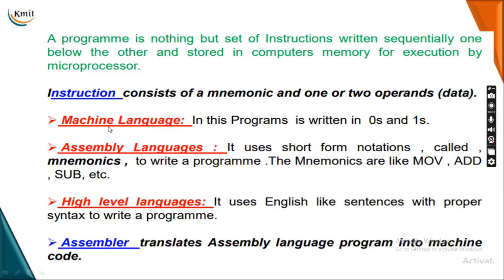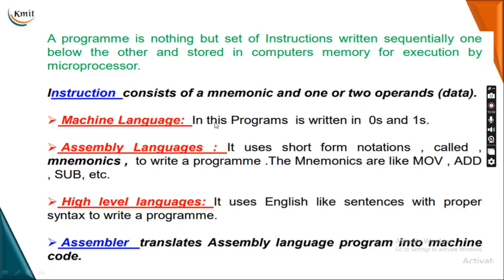What is machine language? Machine language is understandable by the machine and consists of only zeros and ones. Assembly language uses short form notations called mnemonics to write a program. The mnemonics are like move, add, sub, jump, instructions that tell what needs to be done.